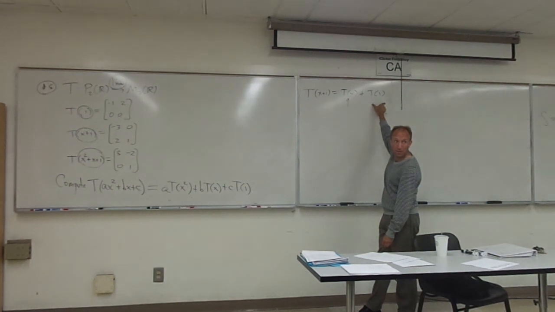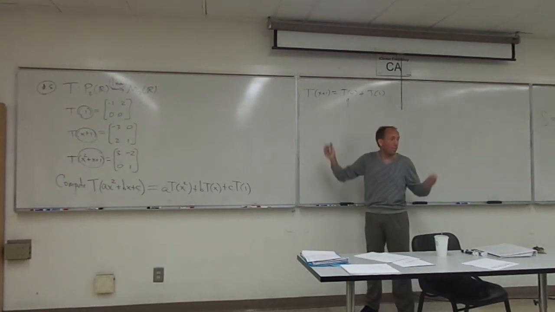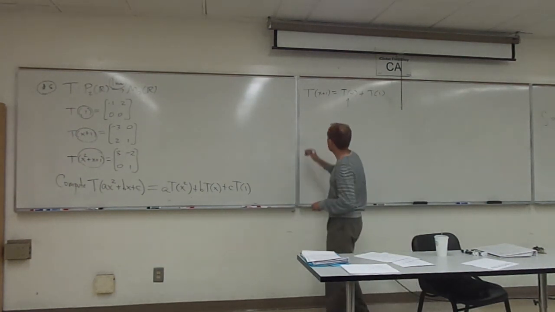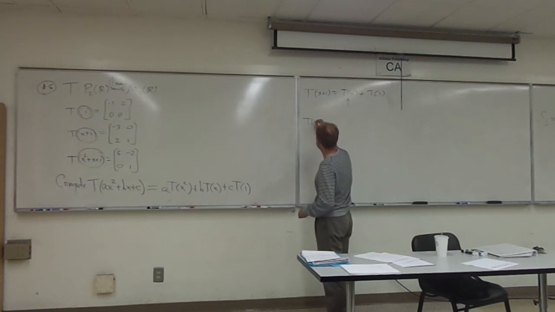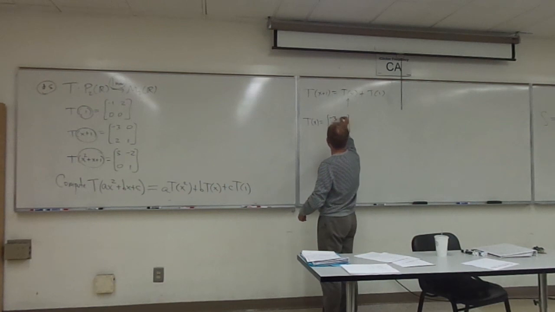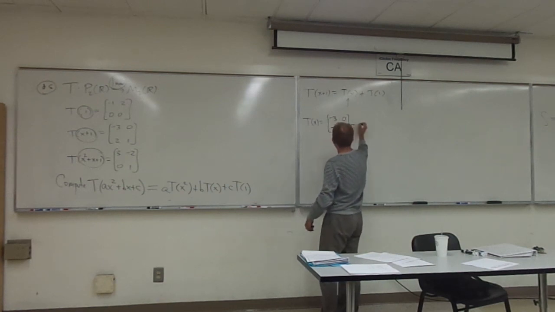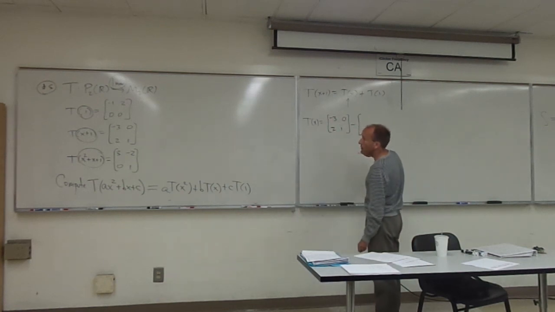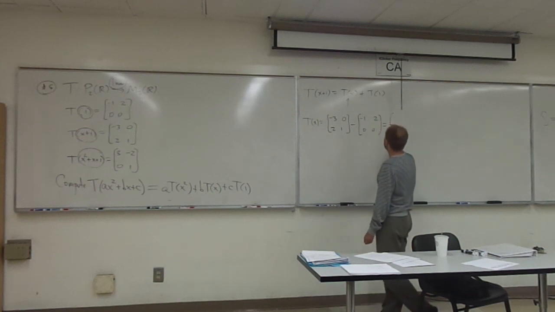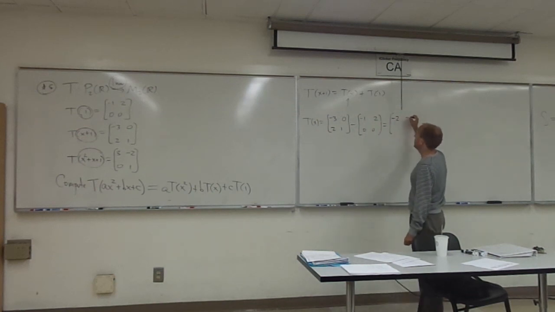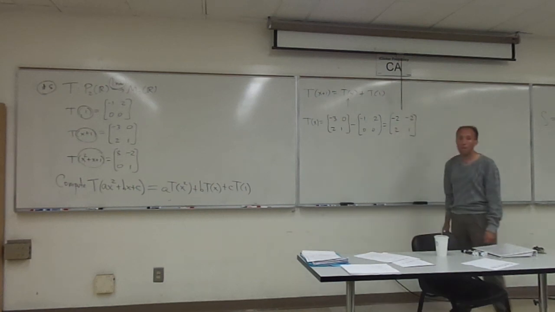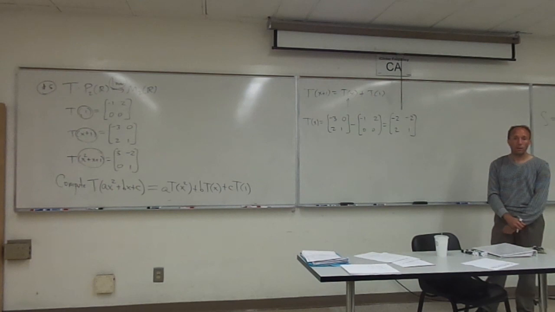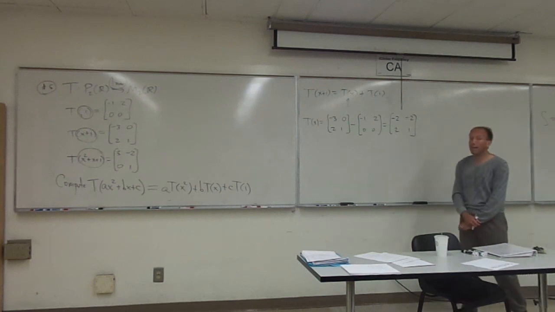T of x is just T of x plus 1, which was negative 3, 0, 2, 1, minus T of 1, which was negative 1, 2, 0, 0. We subtract those and we get negative 2, negative 2, 2, 1. So that's what T of x is.